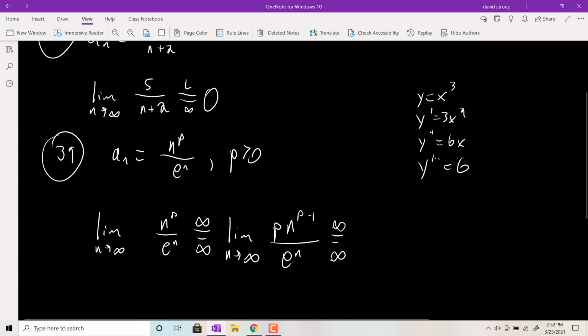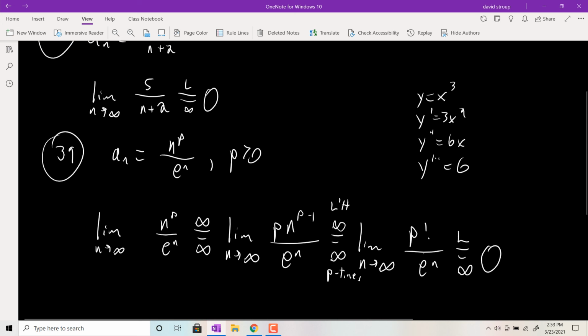Okay. How many times do we have to take the derivative for this to happen? Well, if there's exponent of 3, it looks like you have 3 derivatives to do, and exponent 4, you'd have 4 derivatives, etc., etc. So it looks like here we'll have the limit as n goes to infinity. You're going to have to do basically L'Hopital's p times, right? And you'll end up with p factorial all over e to the n. And then finally, that is your L over infinity form, which again will be 0.